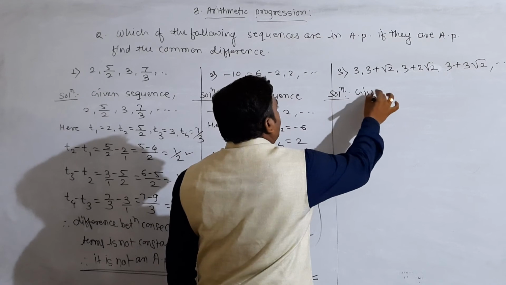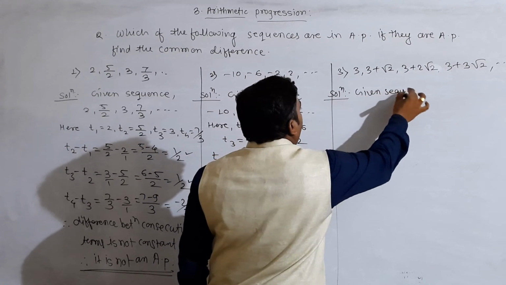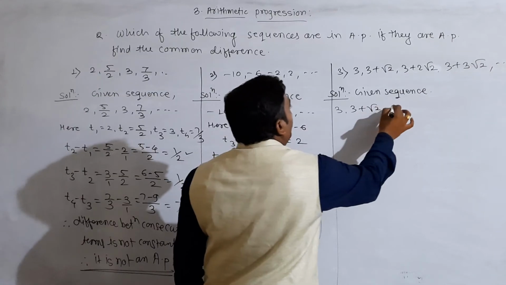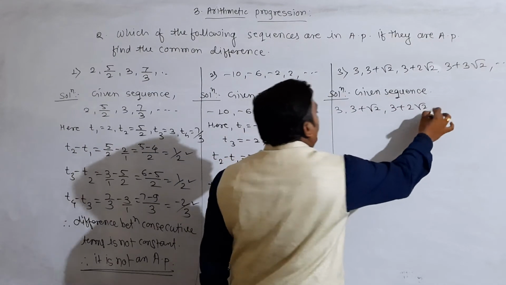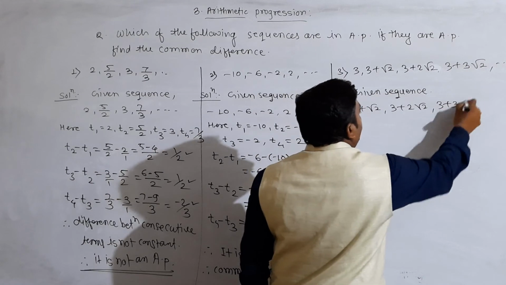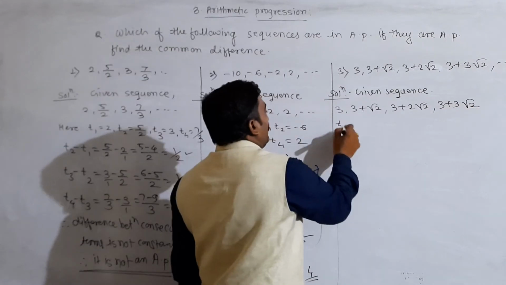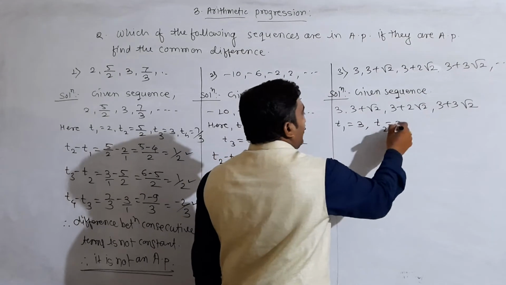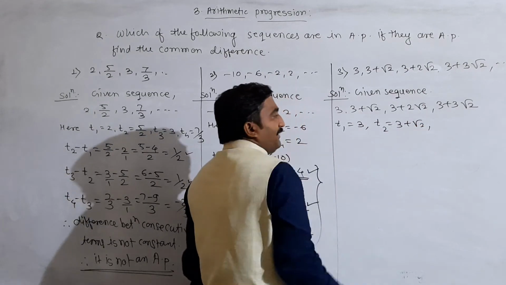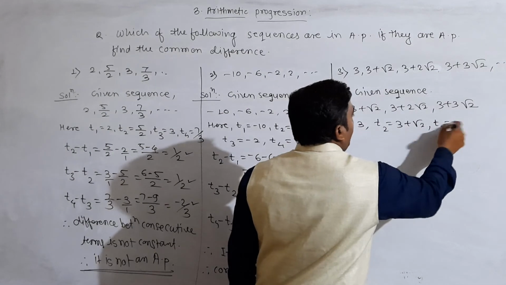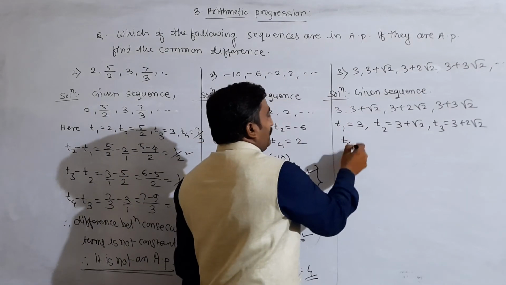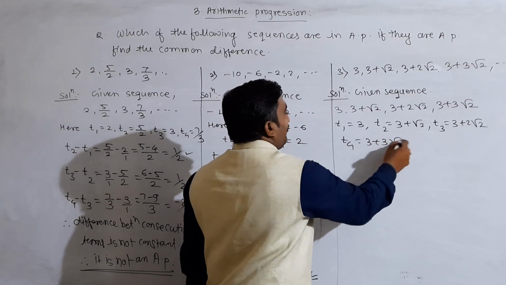Given sequence is 3 plus root 2, 3 plus 2 root 2, 3 plus 3 root 2. Then here T1 is equal to first term 3, then second term 3 plus root 2, third term 3 plus 2 root 2, fourth term 3 plus 3 root 2.